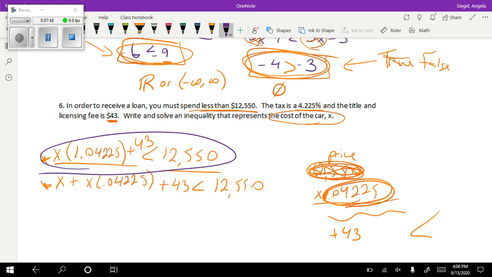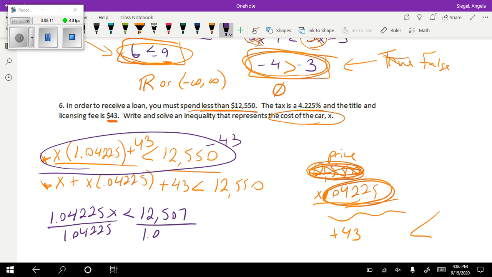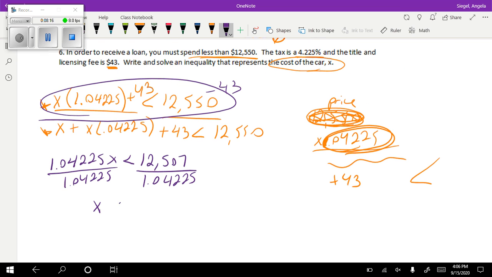Okay, so the first thing I want to do is subtract 43. I'm going to clean this up a little bit. So I have 1.04225x is less than, and once I subtract the $43, it's going to be $12,500. So I'm going to divide by this interest. Notice I'm not dividing by a negative number, so the sign stays the same.